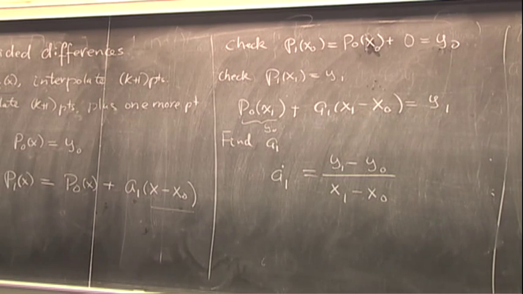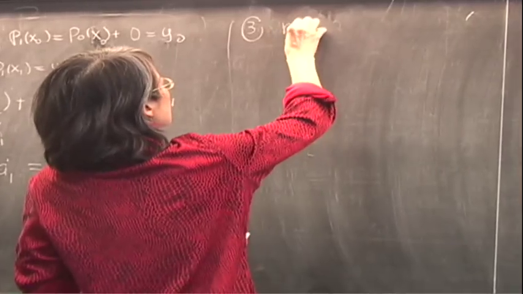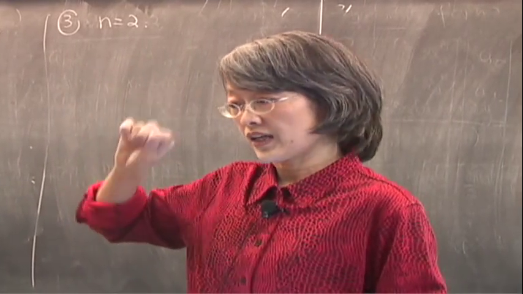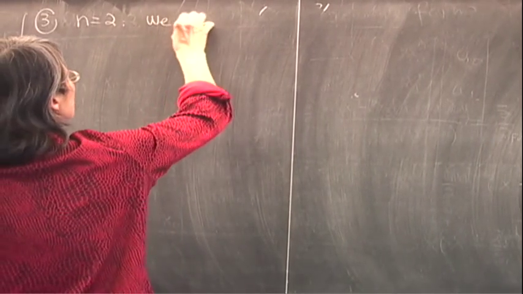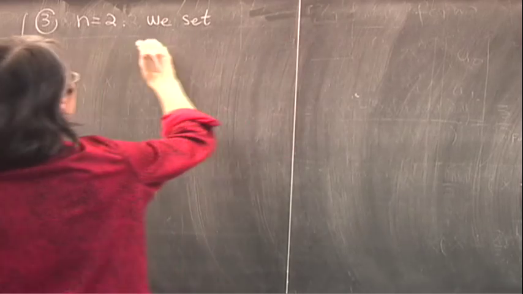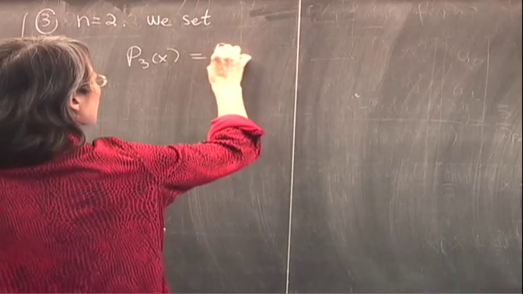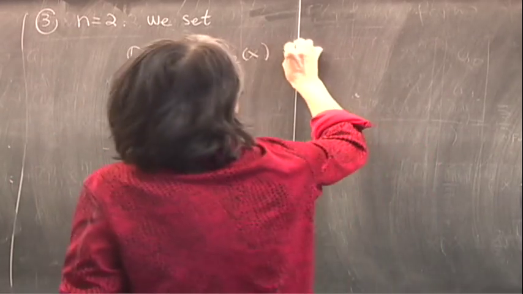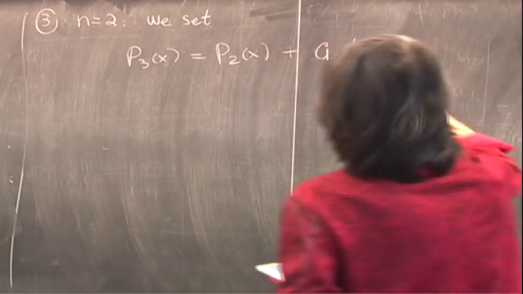Still far away from getting it. Okay, let's add one more point. So n equals 2. Now I want the point x2, y2 also to be interpolated. So we will set the next polynomial in this form. P3 of x will be built on top of P2, the one we just found there, plus I add something else.